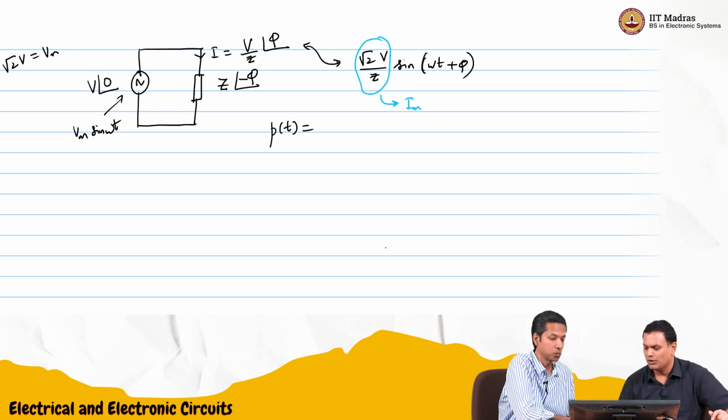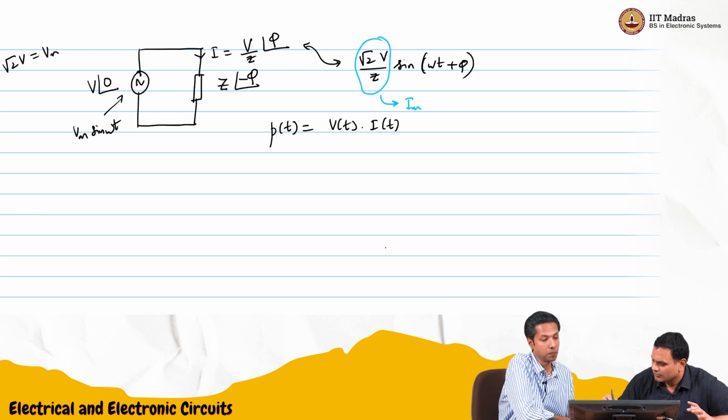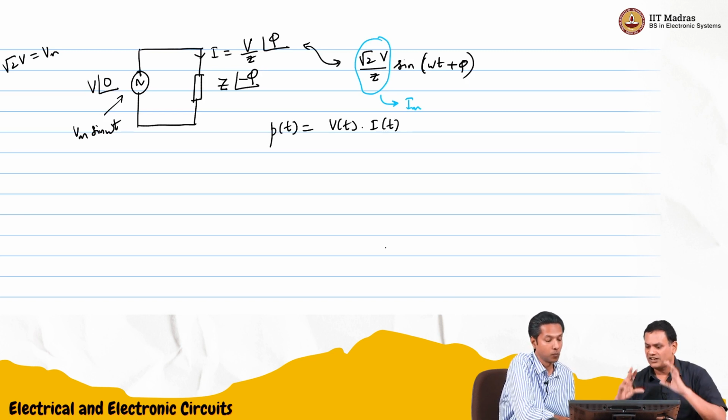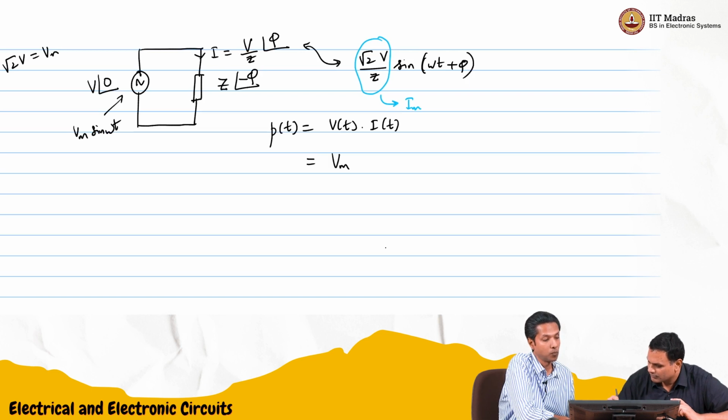We know from the previous course as well, P of t is always V of t times I of t. It's a product of voltage and current that will always give you the instantaneous power. So V of t is Vm sin omega t, and I of t is Im sin omega t plus phi.